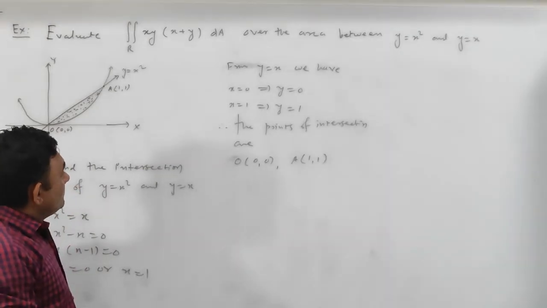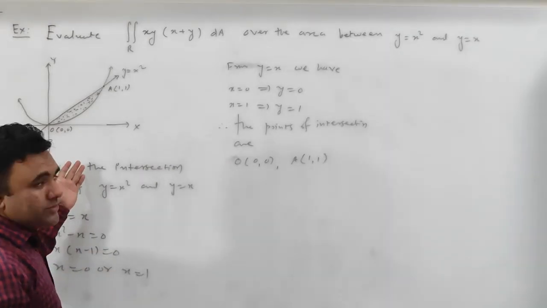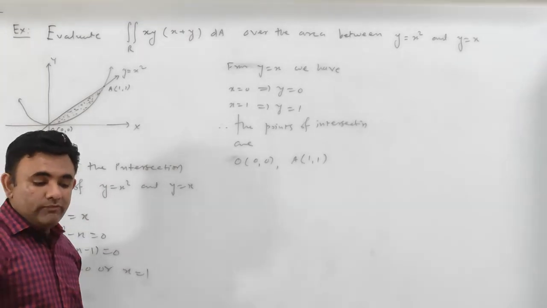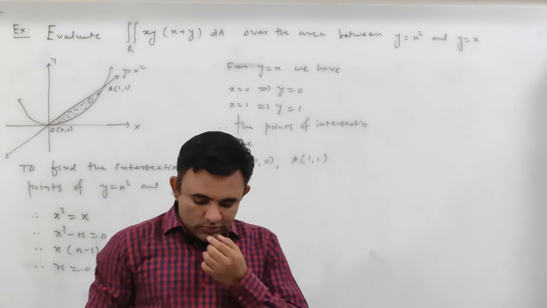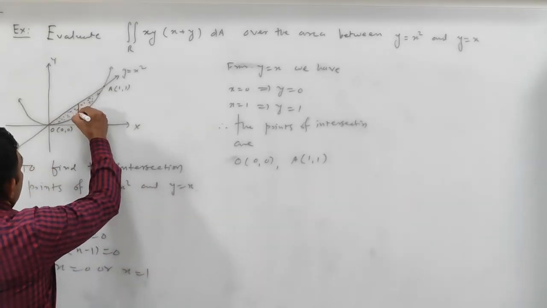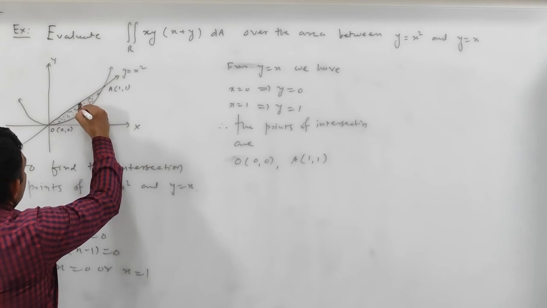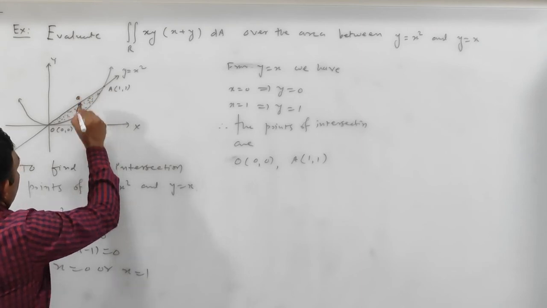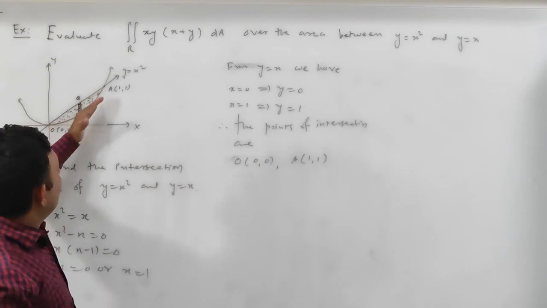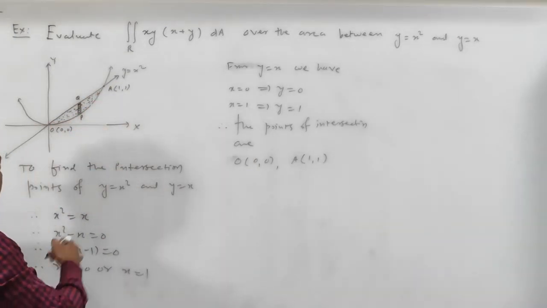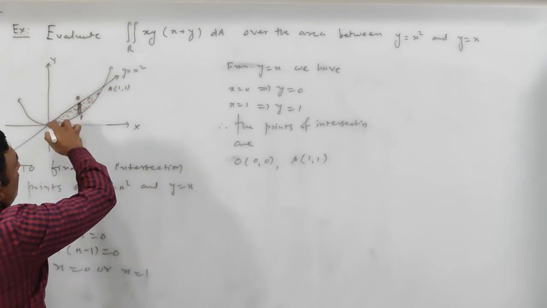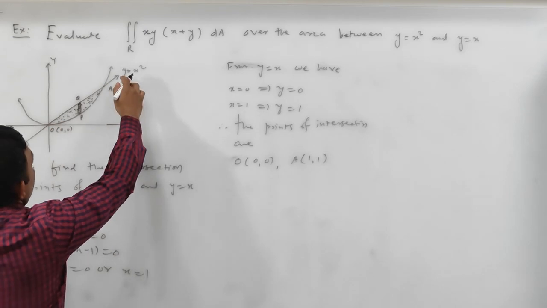Okay, so now again here we have two choices. Either we can consider horizontal strip or we may consider vertical strip. So let me consider vertical strip. So you think about this vertical strip, say PQ, then the bottom end of the strip will always lie on the curve y equal to x square, and the top end of the strip will always lie on the curve y equal to x.